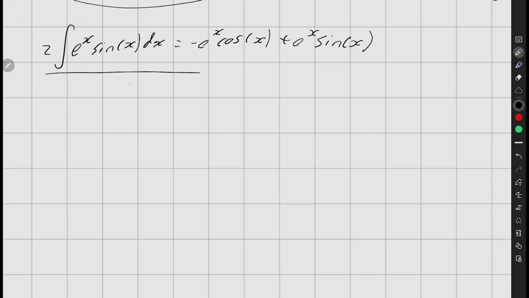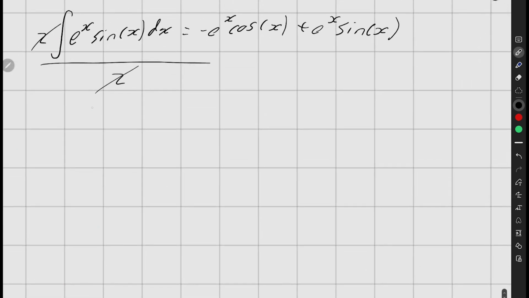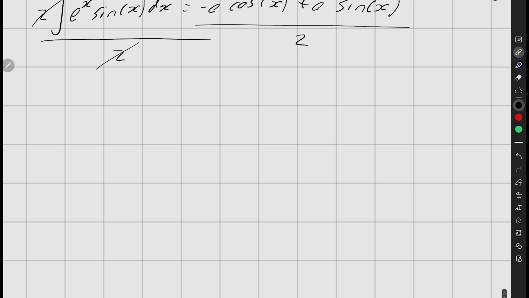We can divide this side by 2 to get rid of the 2. So now we know that the integral of e to the x sine x, and we have to divide this side by 2 as well. So now we know that the integral is going to be equal to, let's write it as negative a half.